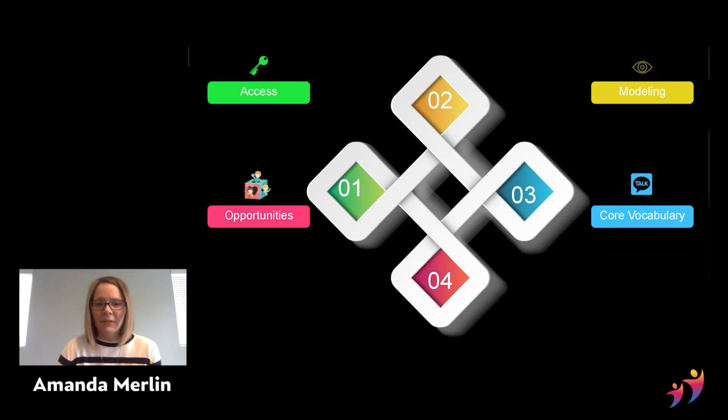The next big best practice is vocabulary. As you're modeling a device, you're going to start to notice that you're using a lot of the same words over and over and over. A lot of these words we consider our core vocabulary words. So this is our best practice for core vocabulary.